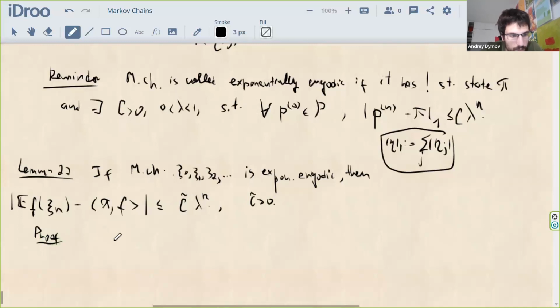So the proof, as usual in our course, is simple. Look, what is this expectation?